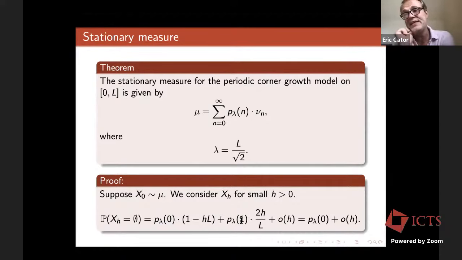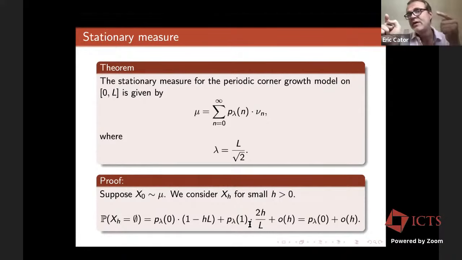And the second way is that you actually start with two particles at time 0, but they annihilate each other within this short time interval. And then when they annihilate each other, you end up with the empty configuration. So we start with one particle, has probability p lambda of 1. And then these two particles, well, the positive particle can be wherever, but the negative particle should be within 2h of it.